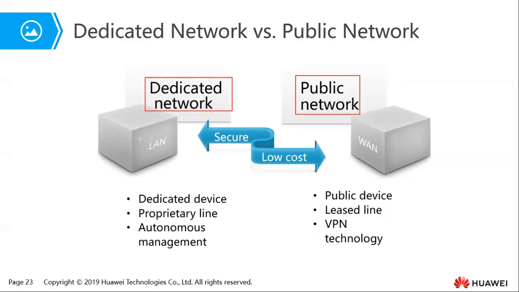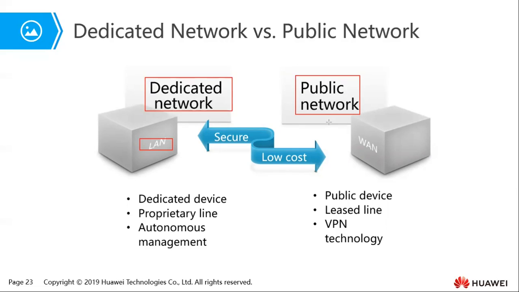Normally, the local area network, like the network at MMU, is a dedicated network. When we talk of a dedicated network, we mean it is owned by us and we have total control and ownership of the network infrastructure. So that is what we call a dedicated network.